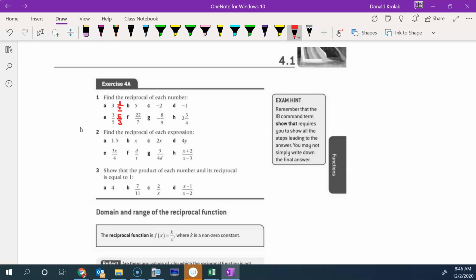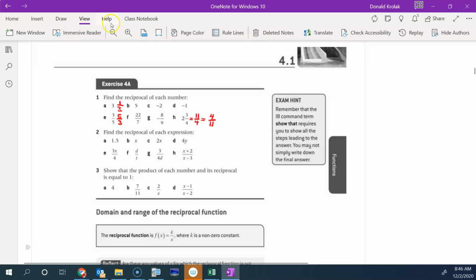Okay, the reciprocal of 2 3/4. So what you do is convert that into a fraction. That's 8, 9, 10, 11. That's 11/4. And then the reciprocal of that would be 4/11. So that's just reciprocals with numbers.